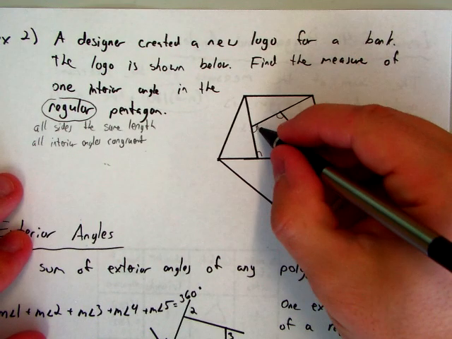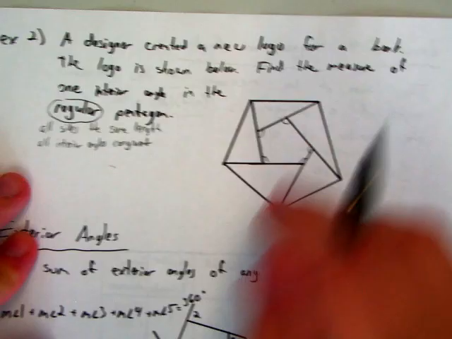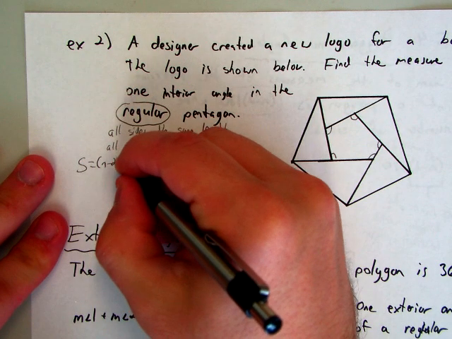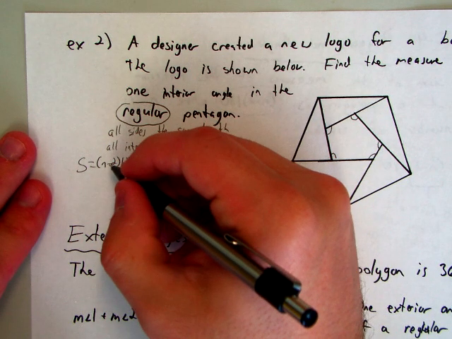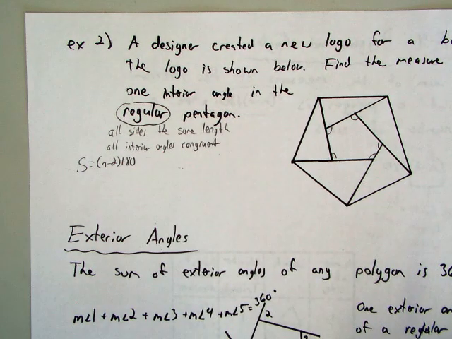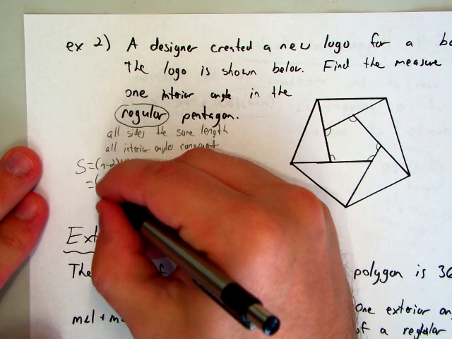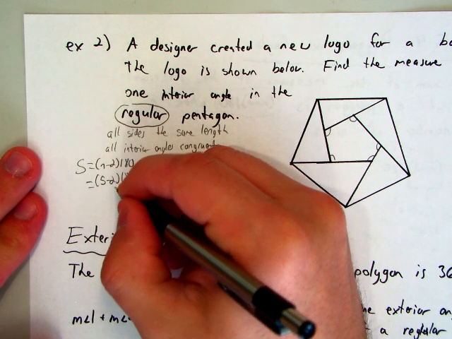Which means it doesn't matter which one you find because they're all the same. But the formula is still going to remain the same. So we have n minus 2 times 180. There are 5 sides in a pentagon, so n is going to be equal to 5. And 5 minus 2 is 3.